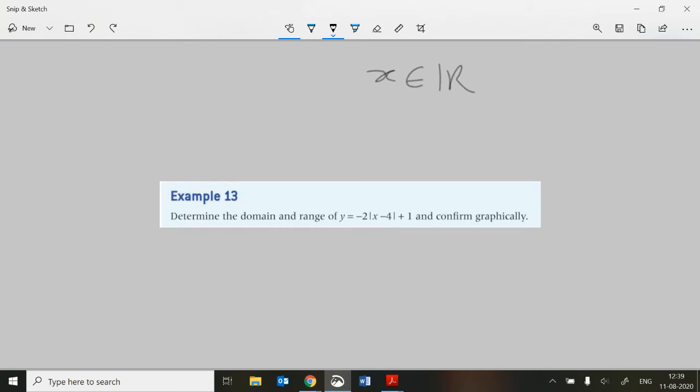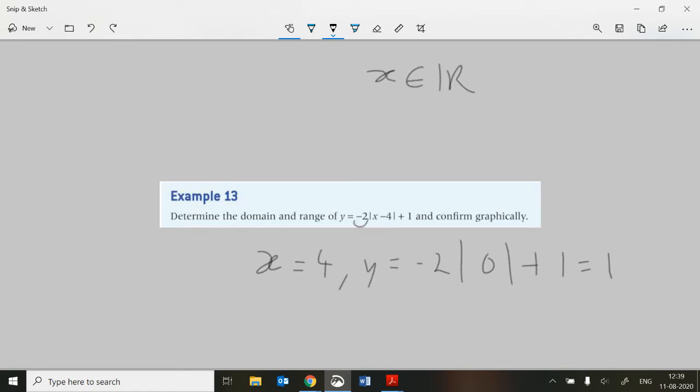But when we put in 4, this becomes 0. So let's just have a look at that. When x is equal to 4, y is equal to -2 lots of 0 plus 1, we're getting out 1. Now, okay, so 1 is going to be the limit. Now, that's either going to be the maximum value or the minimum value.